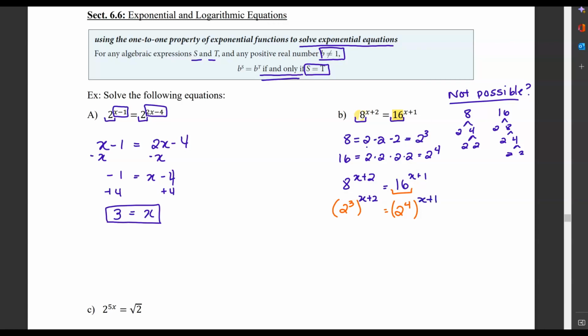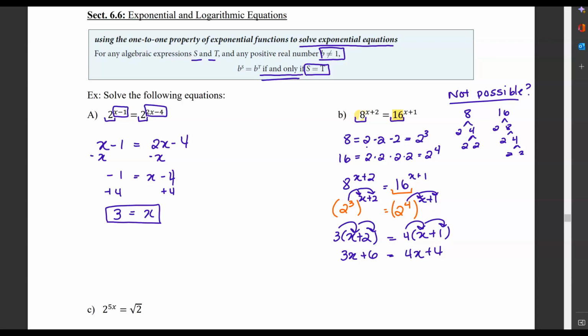Okay. All right, so then I can distribute this 3 and this 4. Because now I do have the same base, it's going to look like 3 times x plus 2 on this side is equal to 4 times x plus 1 on this side. So then I distribute, and this becomes 3x plus 6 equals 4x plus 4.